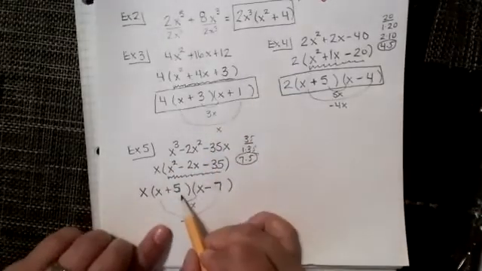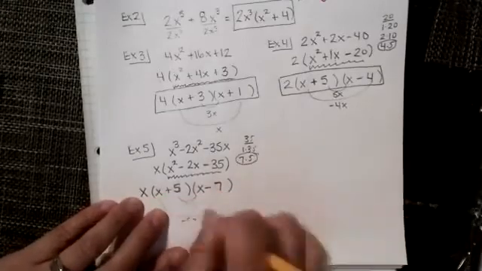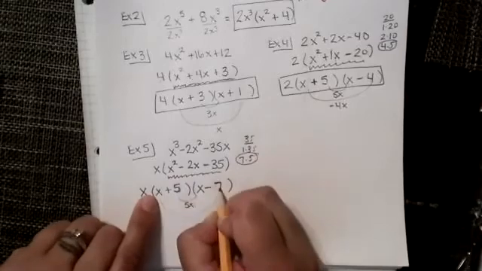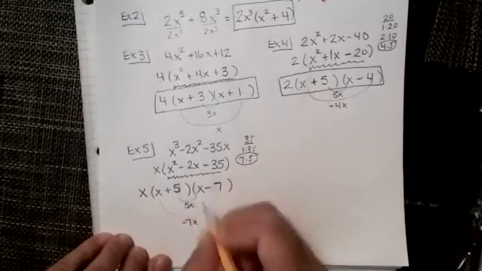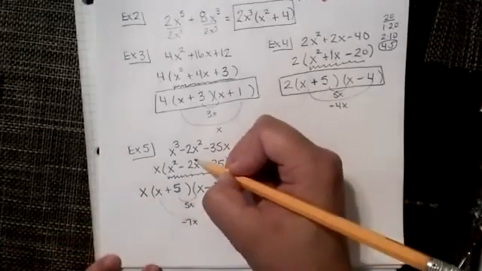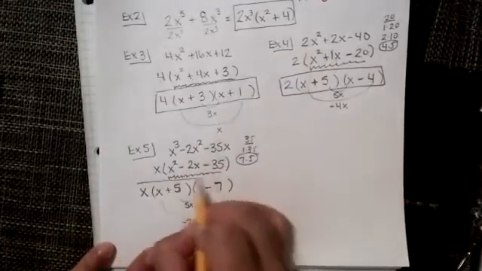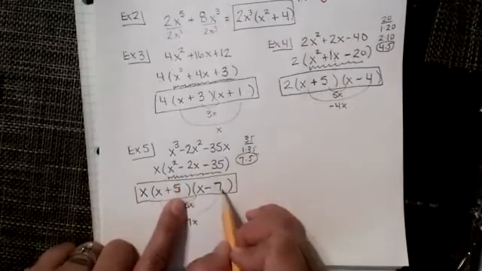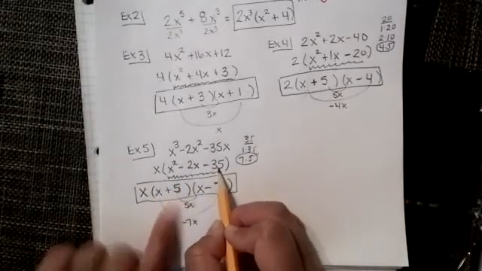So now, when I multiply the inner ones, that's going to give me a 5x. And when I multiply the outer ones, that's a negative 7x, which does give me the negative 2x. And then once again, x times x is x squared. And then right here, positive 5 times negative 7 gives me negative 35.